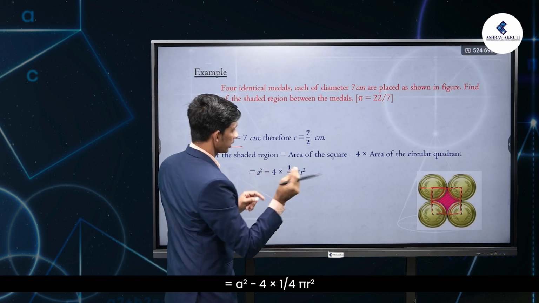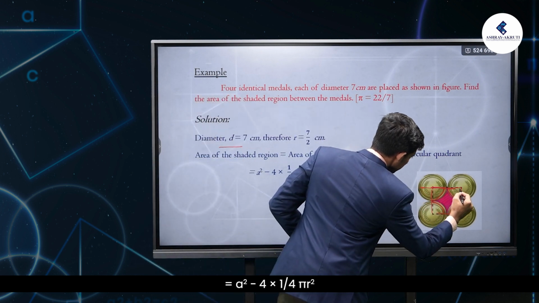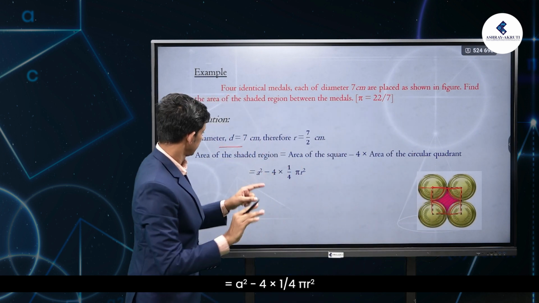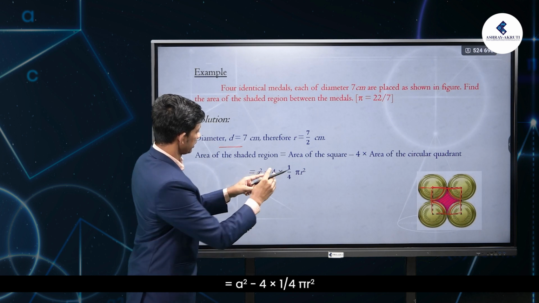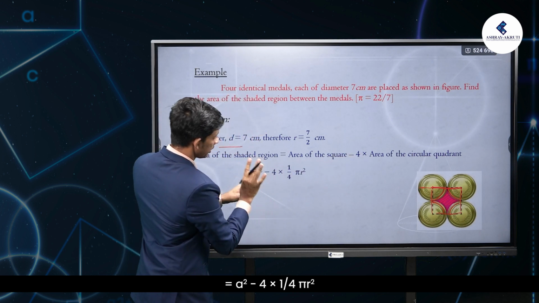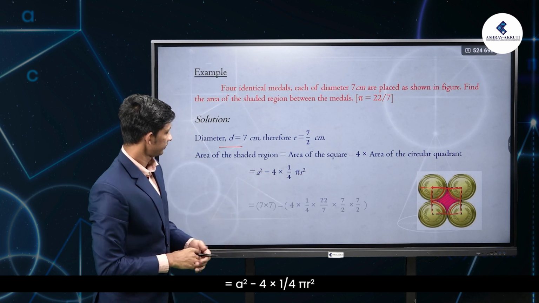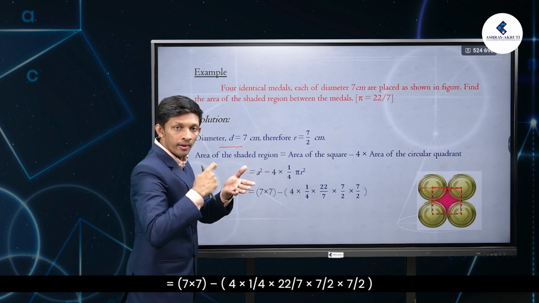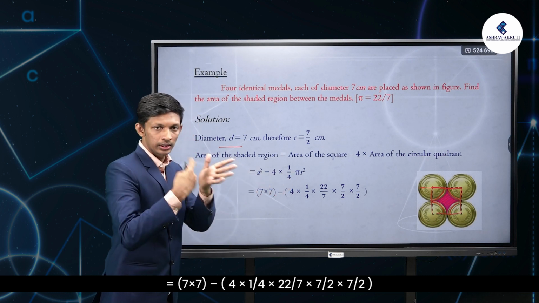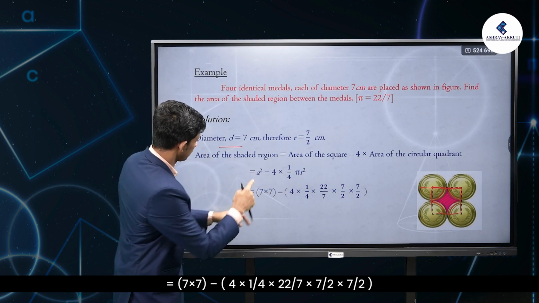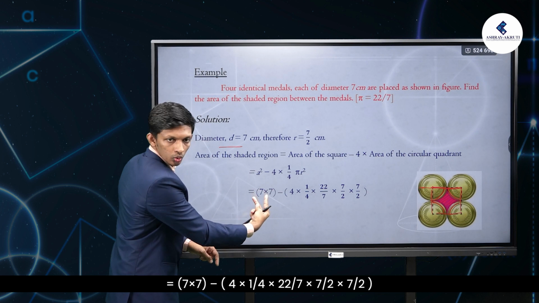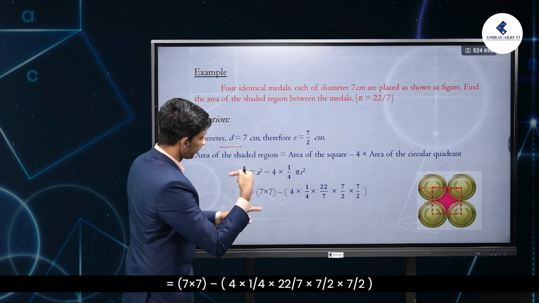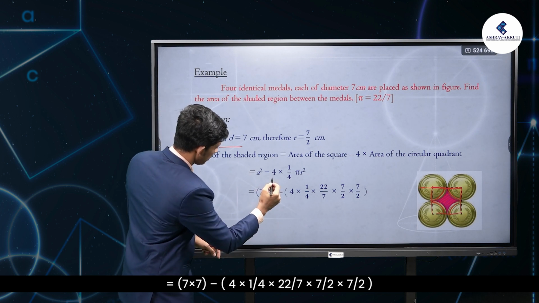That is equal to a square minus 4 into 1 by 4 pi r square. Now substitute all the values. We get 7 into 7 minus 4 into 1 by 4 into 22 by 7 into 7 by 2 into 7 by 2.